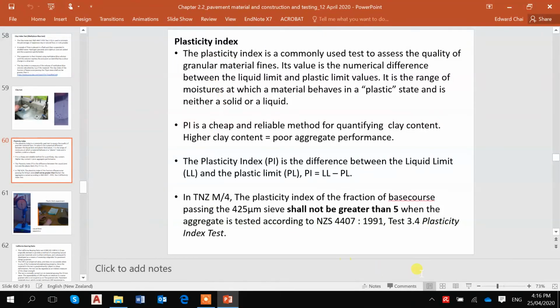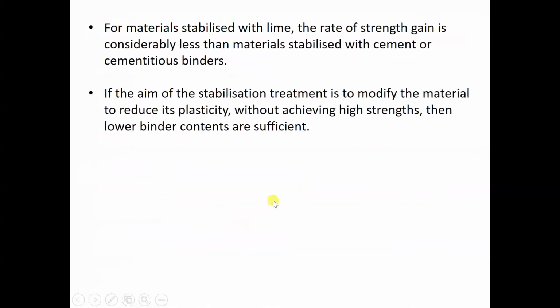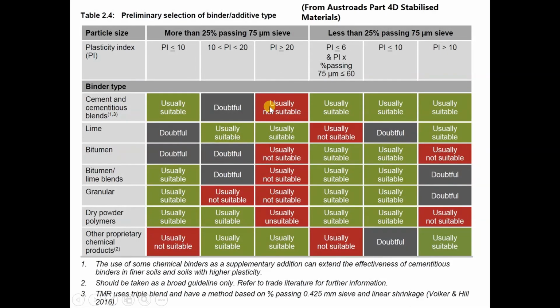I think previously we looked at this: when you do the stabilization, we need to know what the plasticity index is. The plasticity index is used to choose the type of binder that we can use for stabilization, whether we should choose cement, bituminous, or lime.